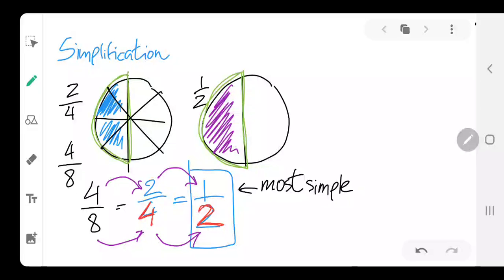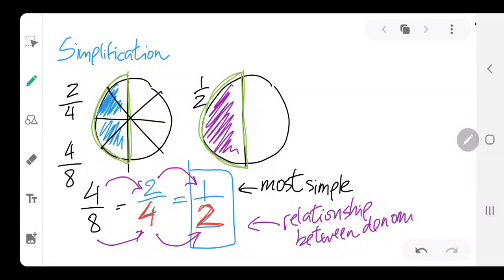And that's where the mathematics of simplification comes in. So I'm just going to leave this with you to think about, and we're going to go back to it in a little bit. There's a relationship between denominators and also between numerators.